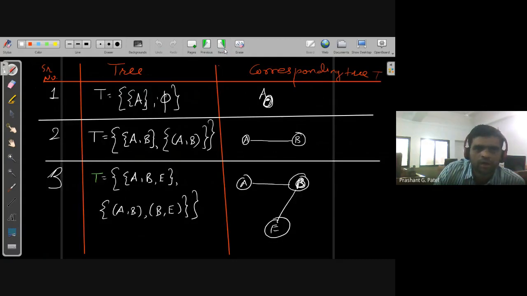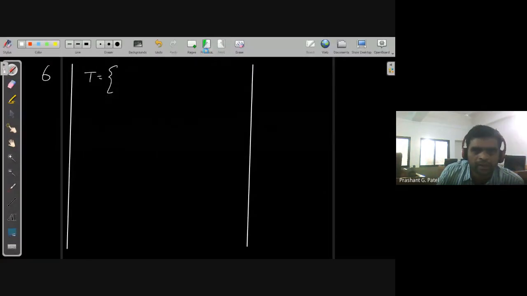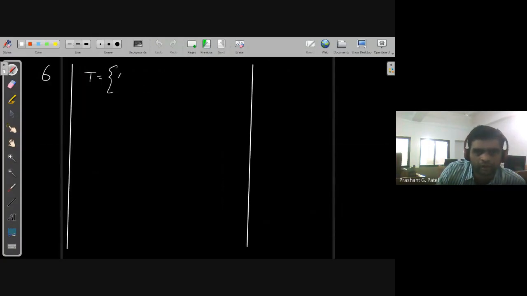So your graph T, or tree, will have A, B, C, D, E, F, G. C is also added into that. What are the edges?